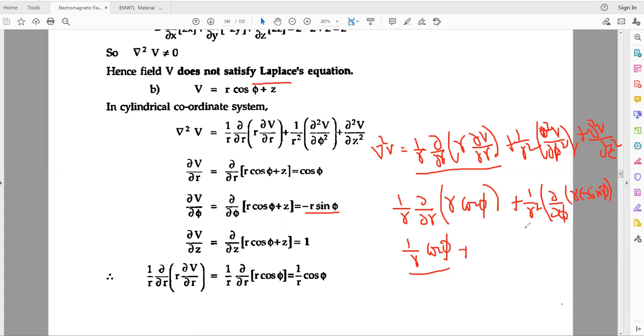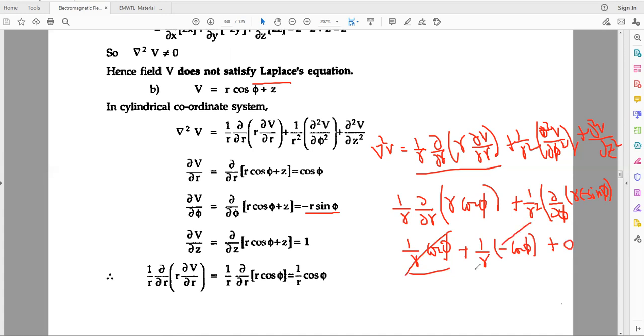Plus for this function totally R, again you can apply the derivative, the cos phi. Cos phi, R get cancelled, 1/R into minus cos phi. Plus ∂²V/∂Z². So ∂/∂Z is 1, and again it is 0.